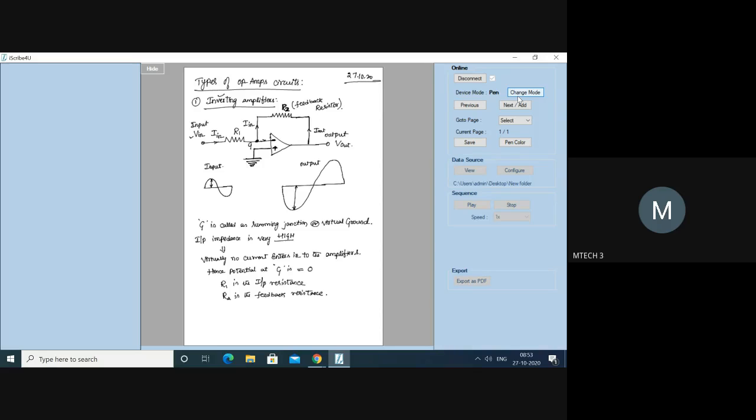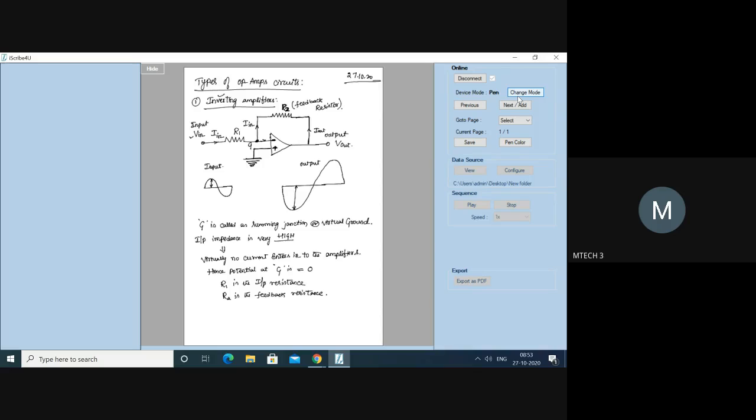Now I will just repeat again. What is an inverting amplifier? An inverting amplifier is one whose output is out of phase by 180 degrees with respect to the input. The figure shows the connections made. The input is connected through the resistor R1 to the inverting terminal, minus, and the non-inverting terminal has been grounded.